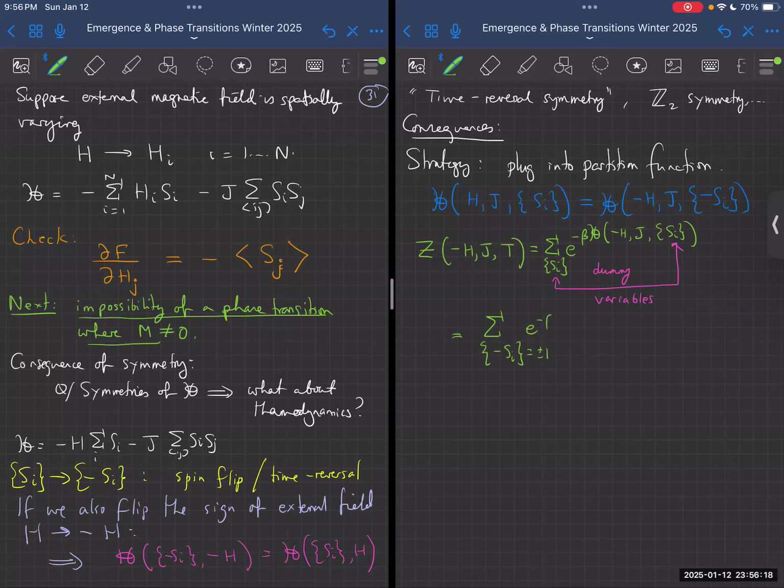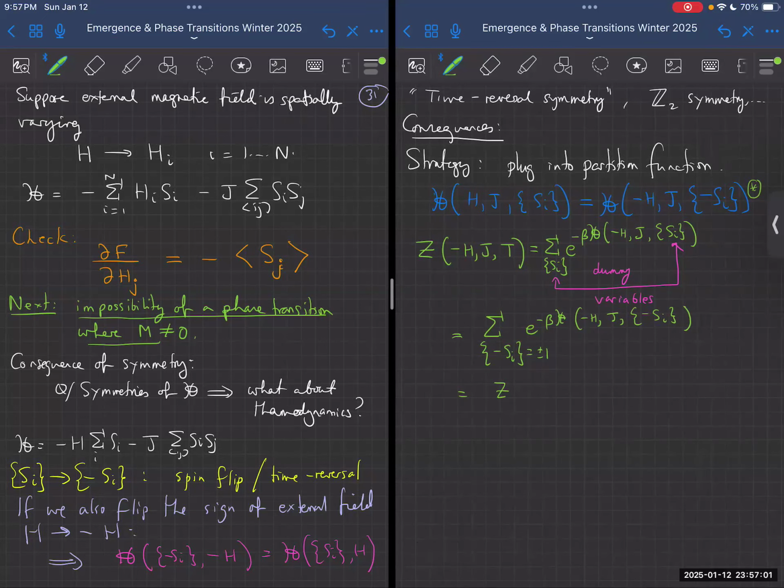And then I have e to the minus beta times the Hamiltonian of minus h, J, and then now up here I've replaced all the s's by minus themselves, which I'm allowed to do. I've just done that, and now this is a dummy variable. So this is exactly the same thing because of this identity here.